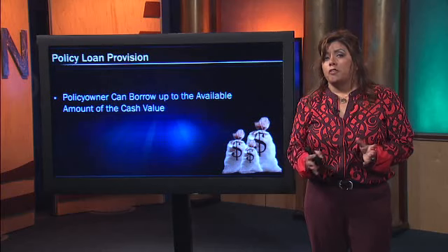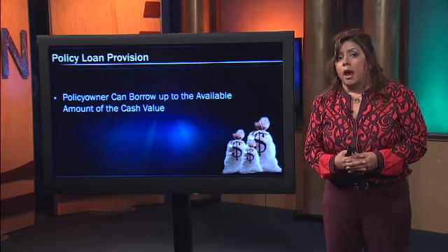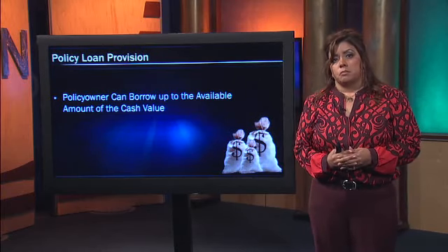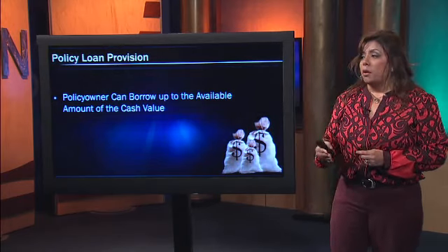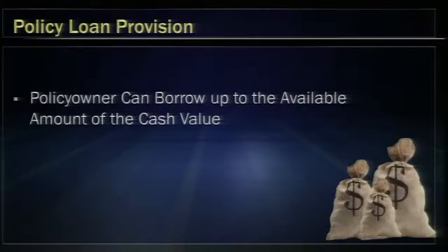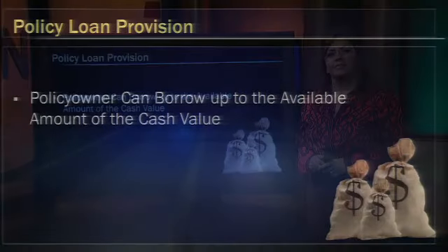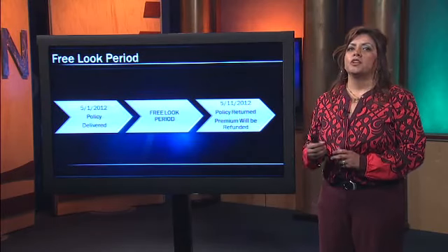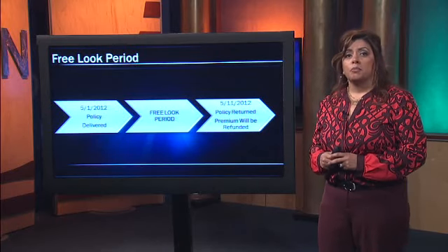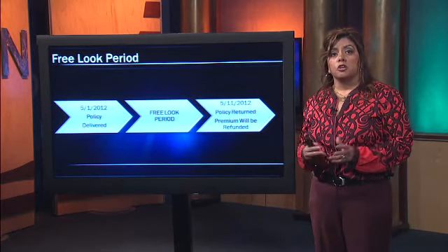Now, in some whole life policies, they carry a policy loan provision. This is simply where the owner has a right to borrow up to 100% of the available cash value. Now, another provision is called the free look period. Just like the word implies, it allows them to look for free.